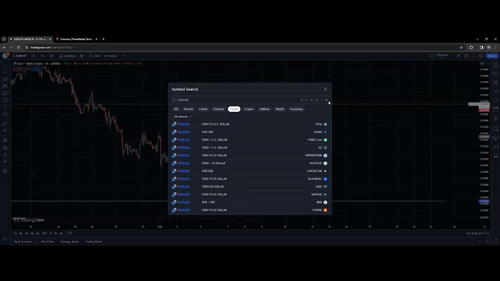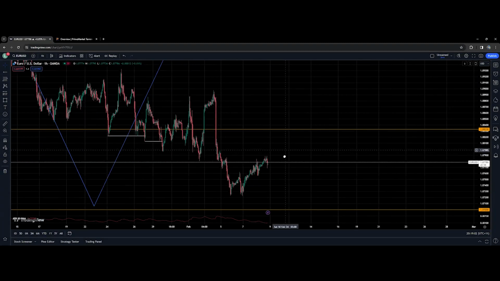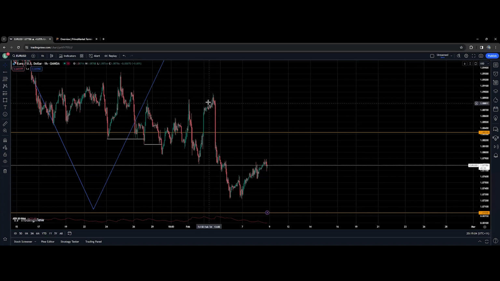Now, euro dollar, it is a very good trade still. Okay, I have a short position somewhere around this area here, if I'm not wrong. I most probably do. Let me check. Let me open my MetaTrader. Just a second.